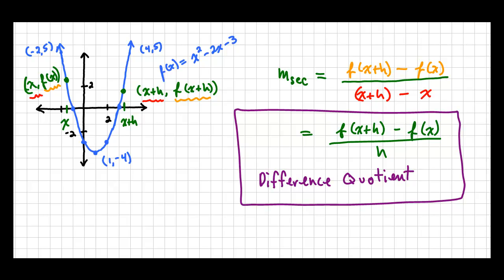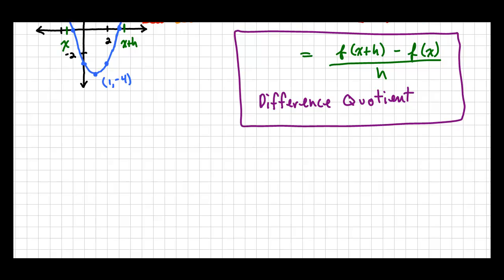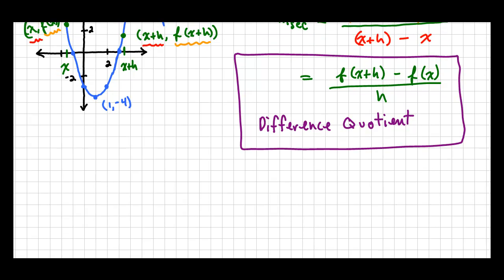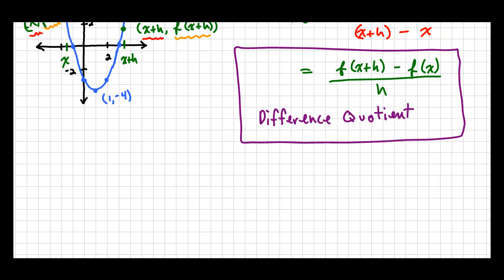Okay, so we can evaluate the difference quotient for this function. Do we have enough room for this? So here's our function. f of x equals x squared minus 2x minus 3.